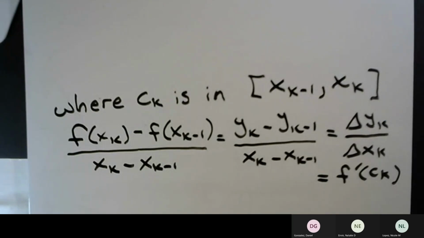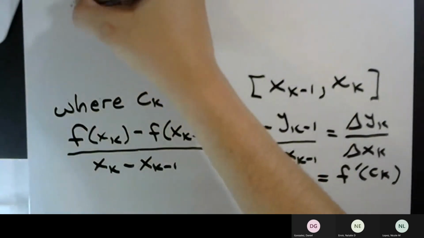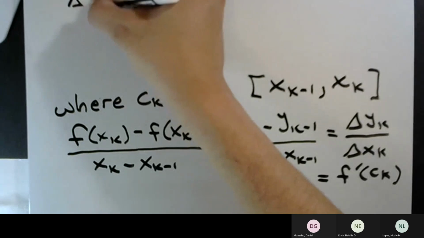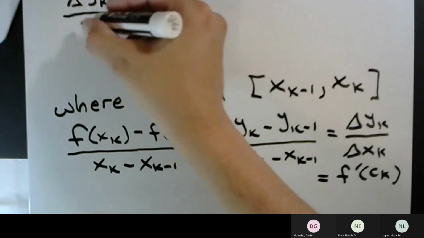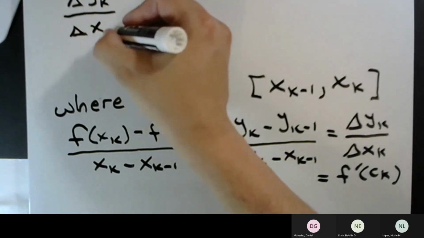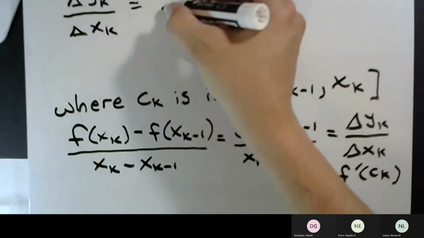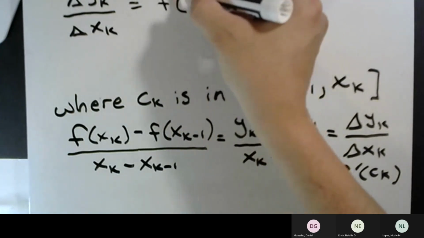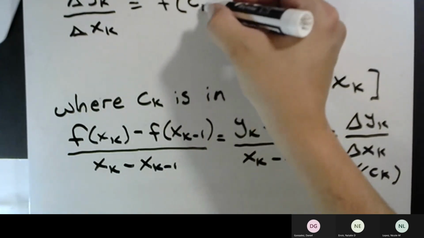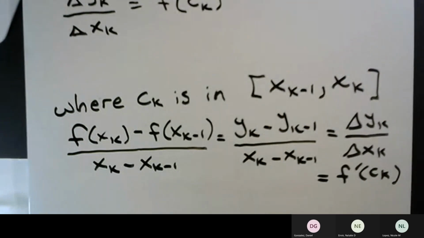So we're sort of doing some tricks here, but there's method to the madness. You have delta yk over delta xk equal to f prime ck. So what we're going to do, we're going to solve for y.